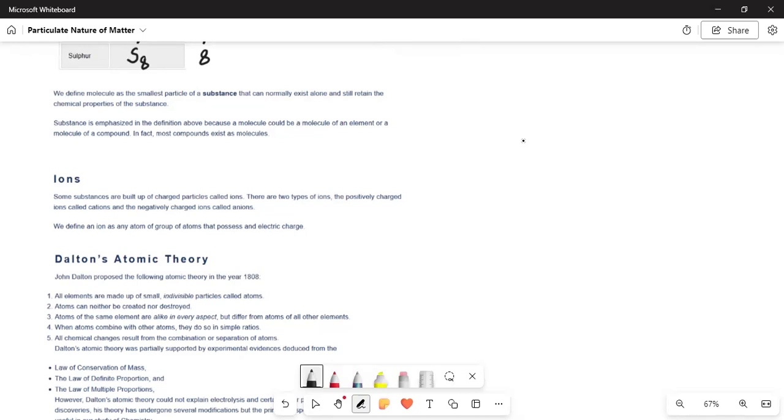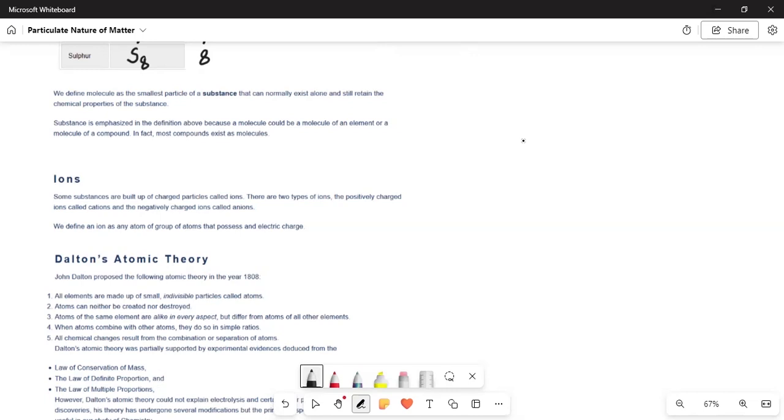Ions, on the other hand, are charged particles. Some substances are built up of charged particles called ions. Now, there are two types of charges, the positively charged particles and the negatively charged particles. The positively charged ones are called cations, while the negatively charged are called anions.